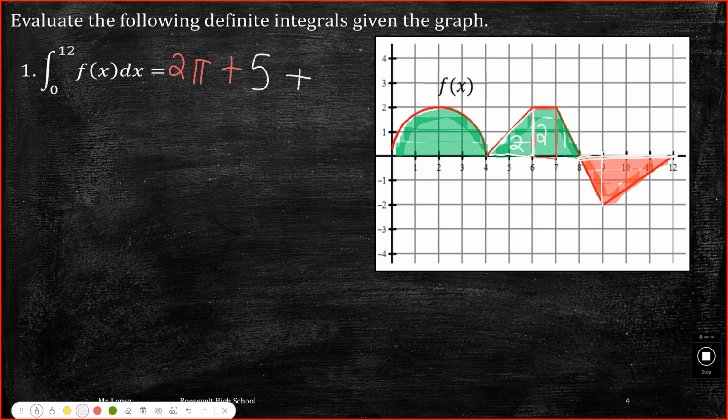It's 4, no? Minus 4. So the answer to this should be 1 plus 2 pi, or 2 pi plus 1 if you wanted to. You can't really combine those things. So it'll be 2 pi plus 1.